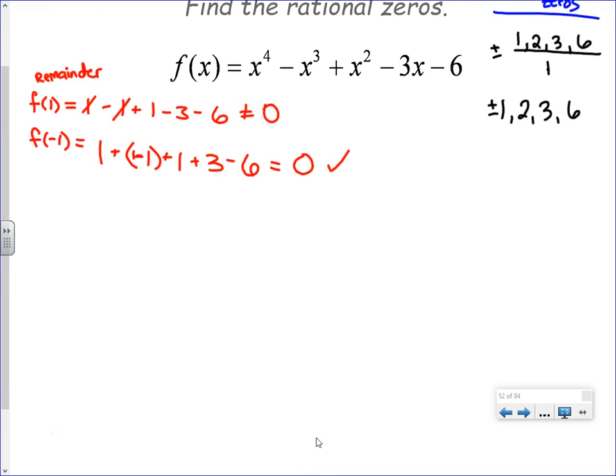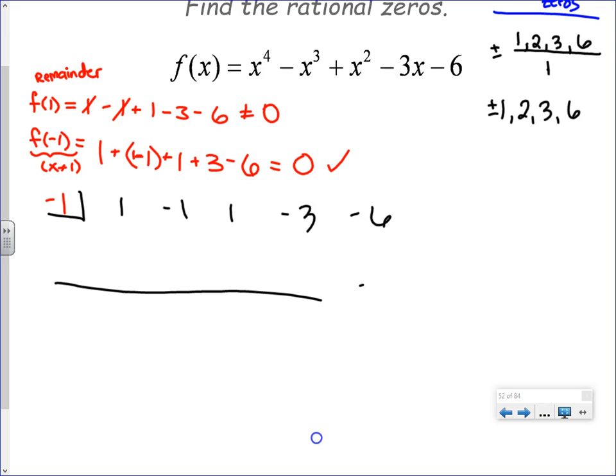So now I can say, hey, let's do synthetic with the one that works. Plugging negative 1 into the box. If you think about it, if a is negative 1, we're dealing with the factor x plus 1. My coefficients, we need those. So 1, negative 1, 1, negative 3, negative 6.